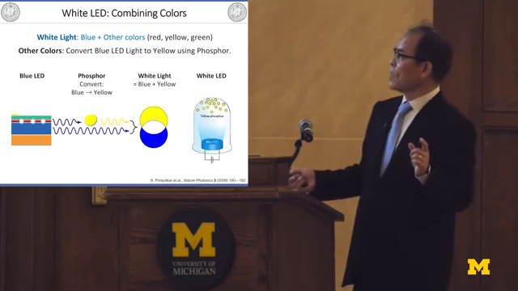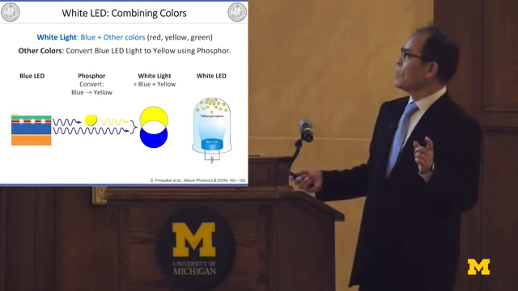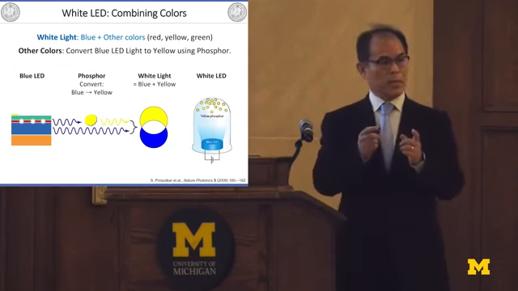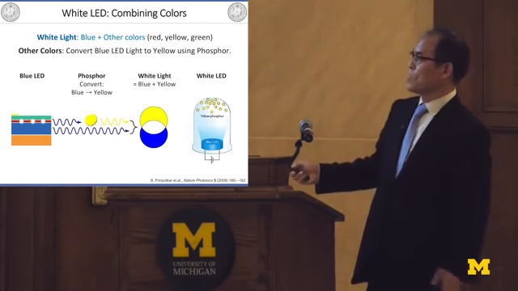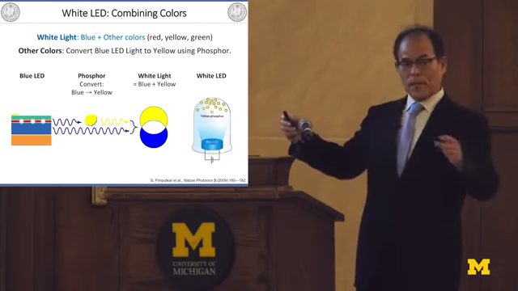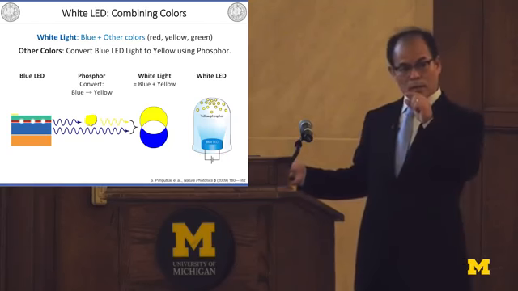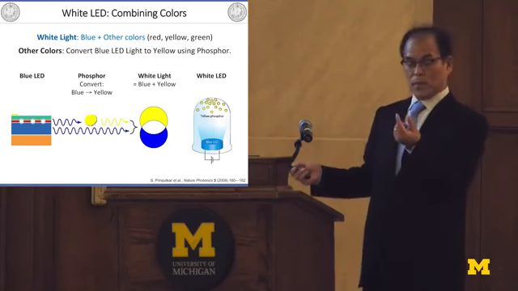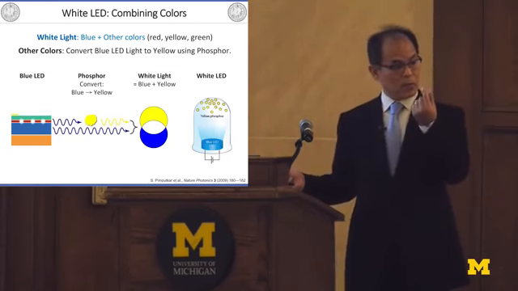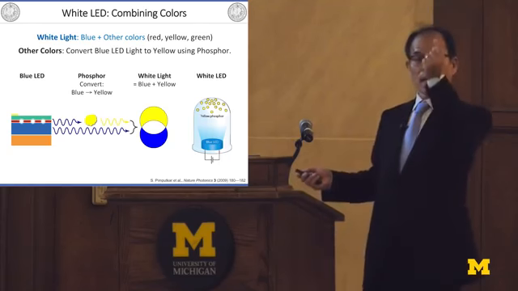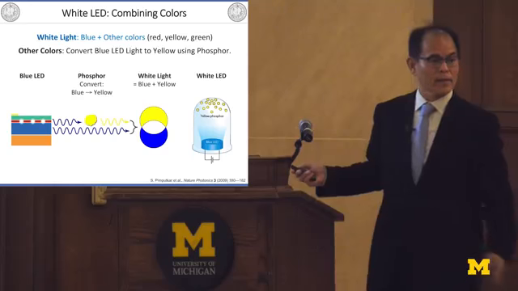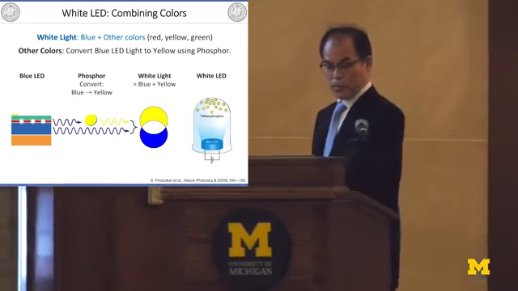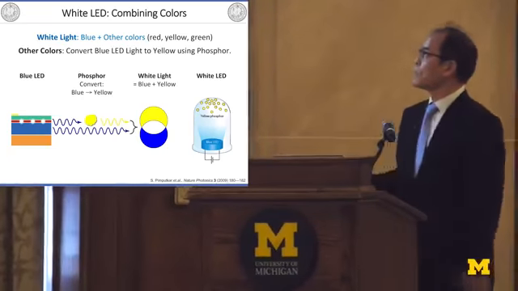In order to make a good white balance, the peak intensity of blue becomes very strong, because the yellow emission comes from the phosphor and has a very broad spectrum. So the peak intensity of yellow is very weak, but the blue LED has a very narrow spectrum, so its peak intensity should be very high in order to make a good white color balance. That high peak intensity causes all kinds of health problems.